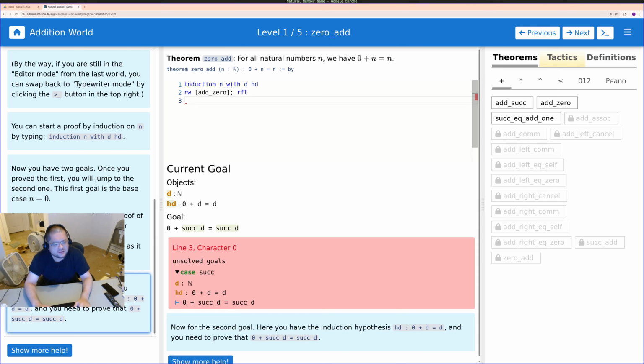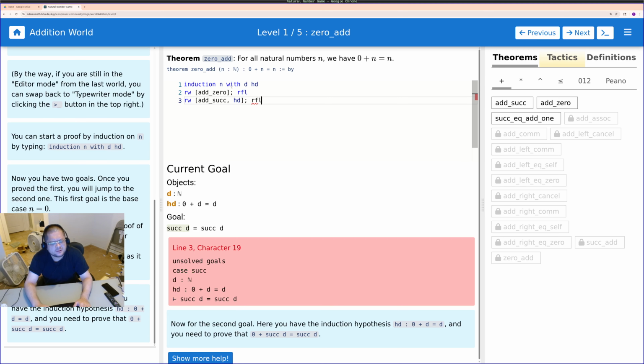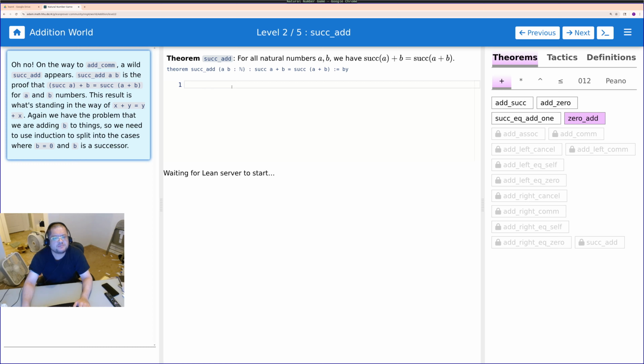Now for the inductive case. I think that does it.